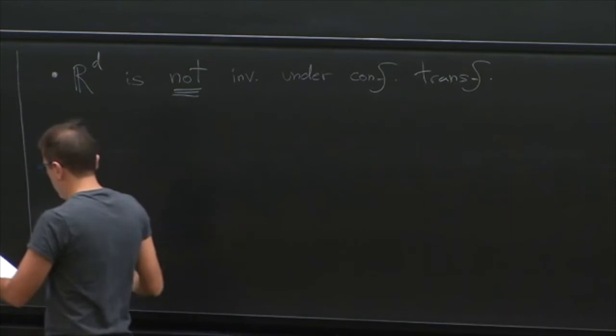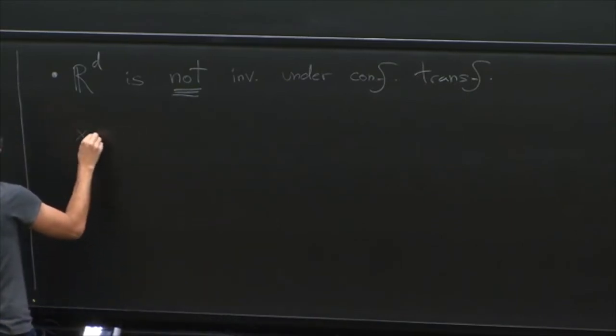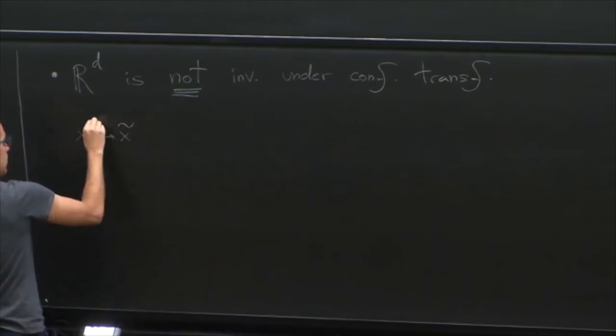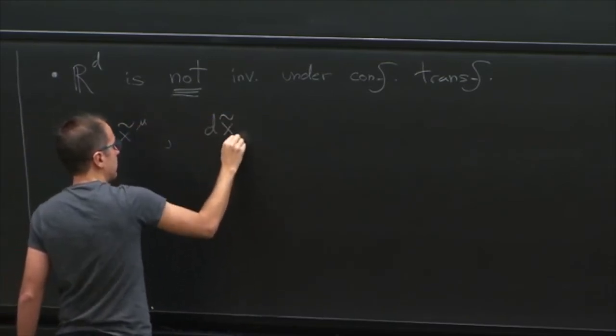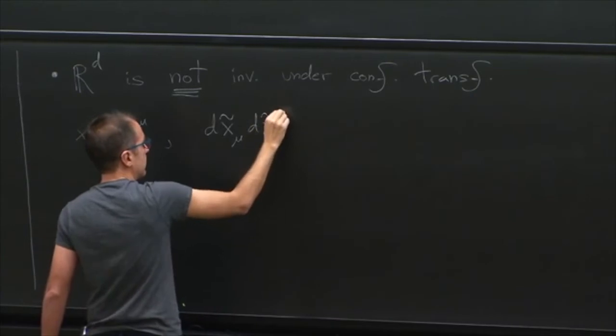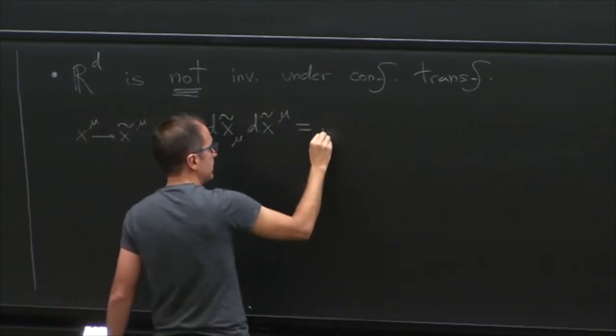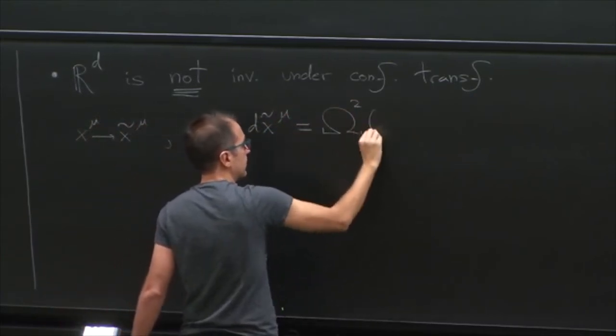Right? On the contrary, when you do x goes to x tilde, dx tilde mu dx tilde mu is not equal, but instead there is this proportionality factor.